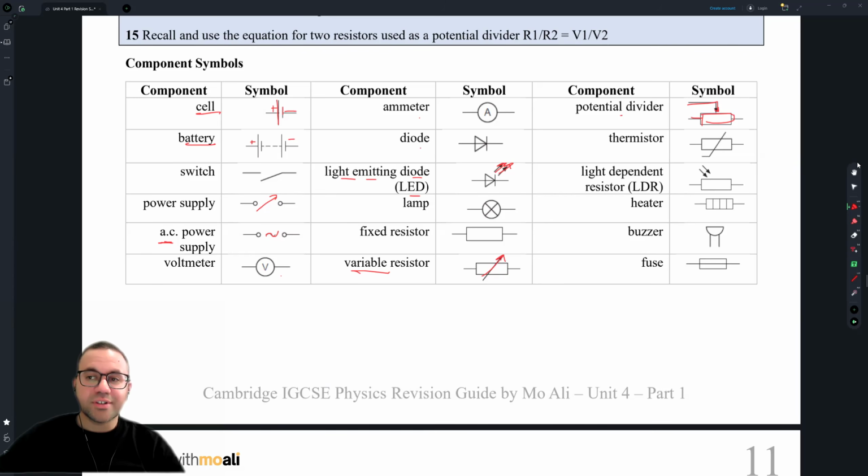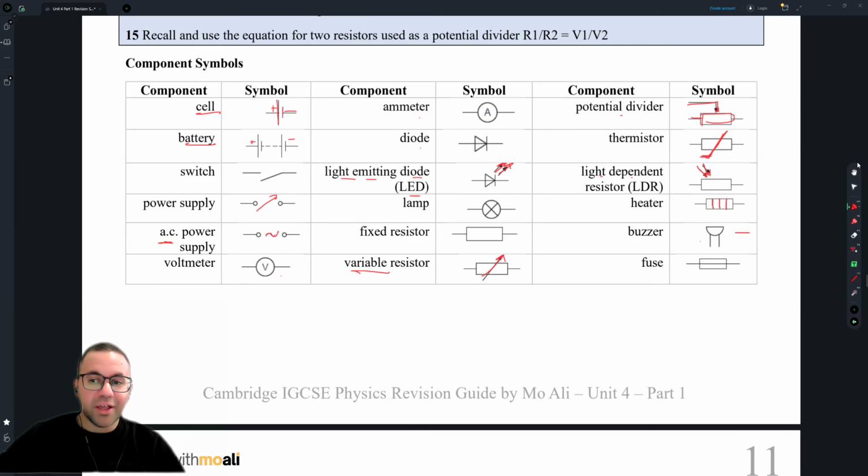A thermistor is a resistor that changes based on temperature, so this is basically a thermometer that's placed in it. An LDR is a resistor that changes based on light, so you have light rays coming in to hit it. A heater is like a resistor, but with more resistance and more heat, so we just draw a few lines in the middle. A buzzer is something that produces sound.